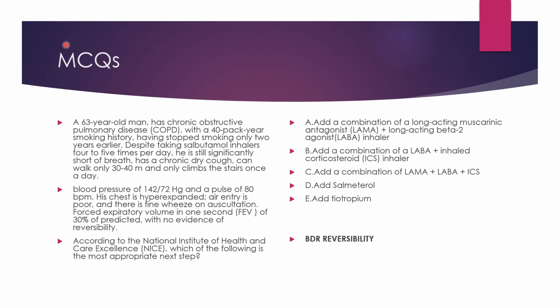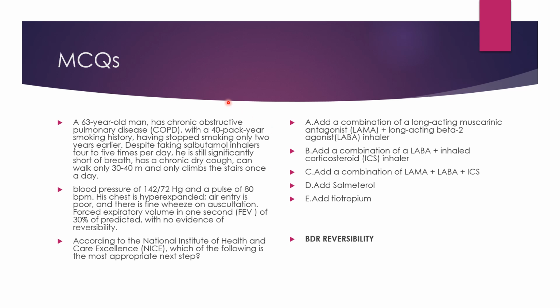So here you can see a 63-year-old man has COPD and a 40 pack year smoking history, stopped smoking 2 years earlier. Despite taking salbutamol inhalers 4 to 5 times per day, he is still significantly short of breath and has a chronic dry cough and can only walk 30 to 40 meters and only climb the stairs once a day.